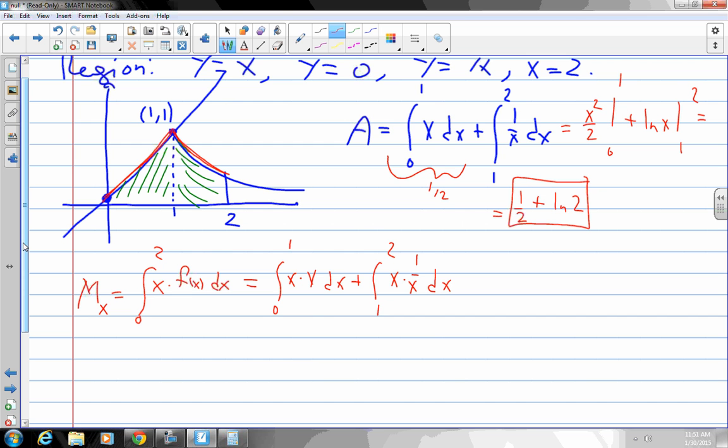So we'll have to set this up as two integrals. So it's just x squared dx plus from 1 to 2 just dx.